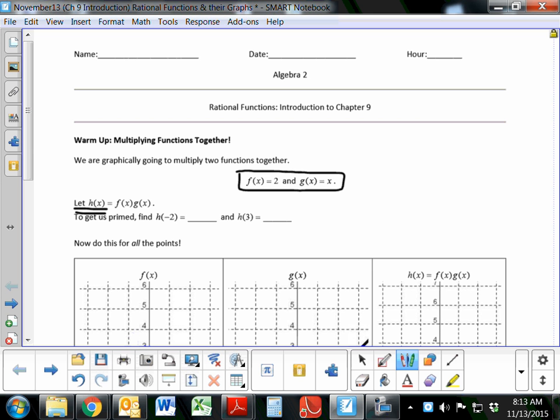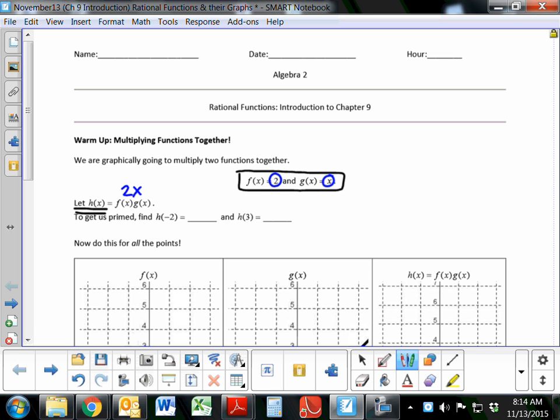So if I take f of x, which is 2, and multiply it by g of x, which is x, I get 2x. So really, h of x is equal to 2x. We are going to think through some different multiplication problems to figure out some points on the equation for 2x. We're going to do it a little bit differently.